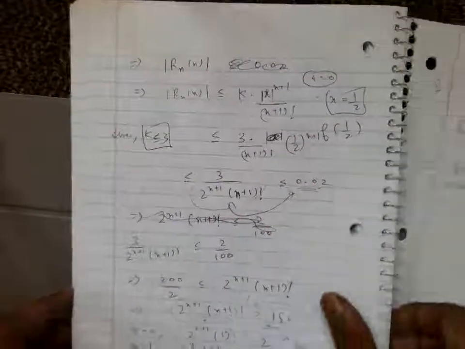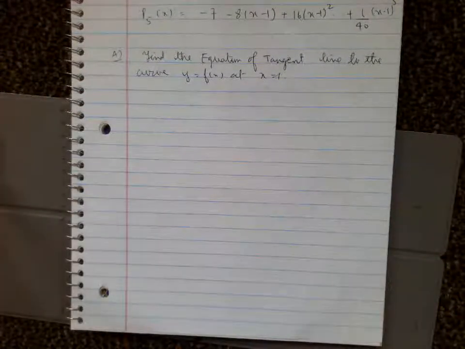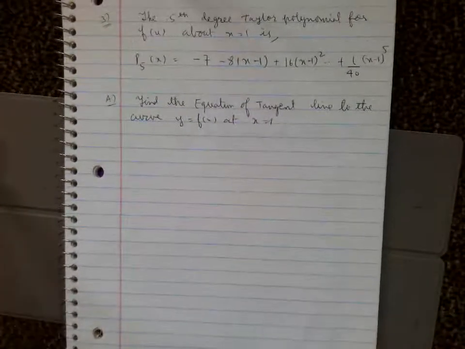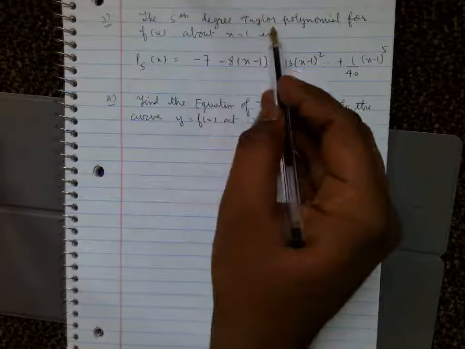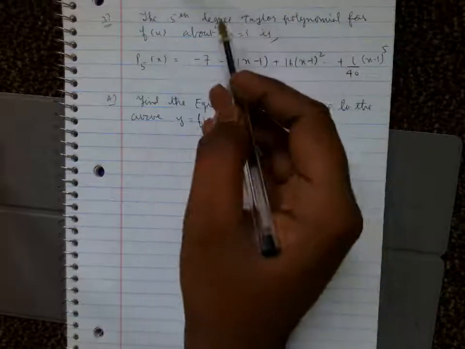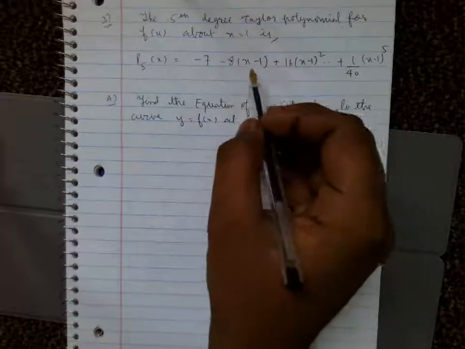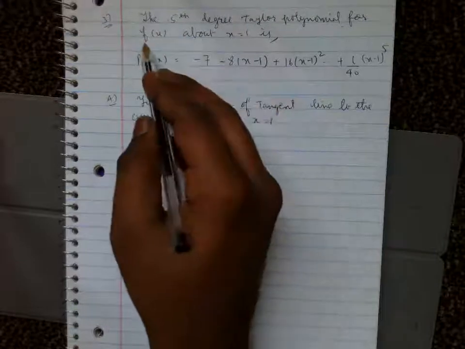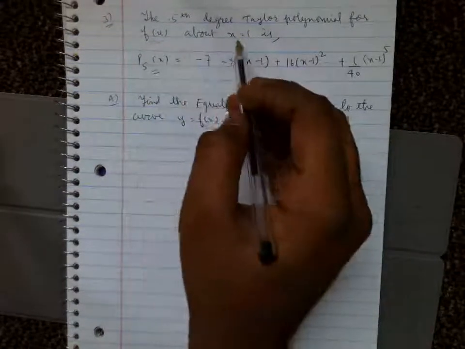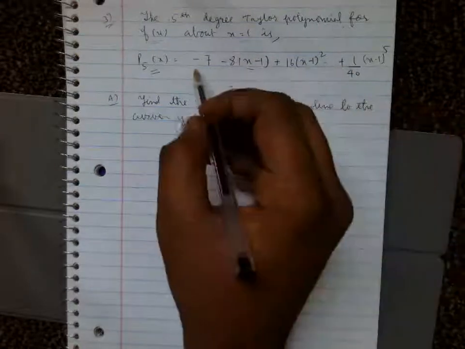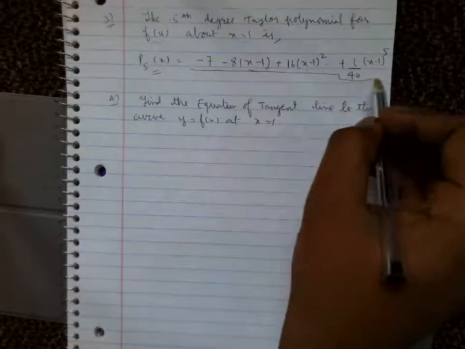So let's now look at another example. In this question, we have the fifth degree Taylor polynomial for some function about x equal to 1. So we are taking f and finding the fifth Taylor polynomial of f centered at x equal to 1, and this is given as this function.